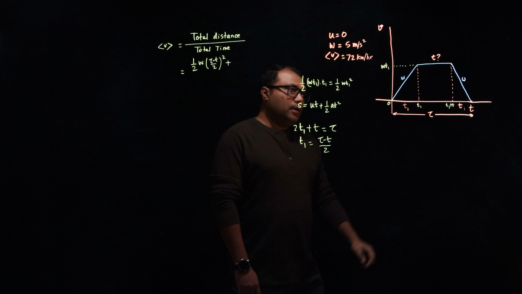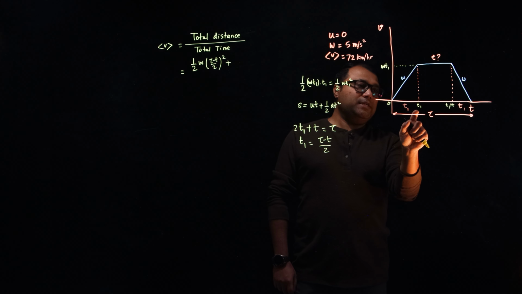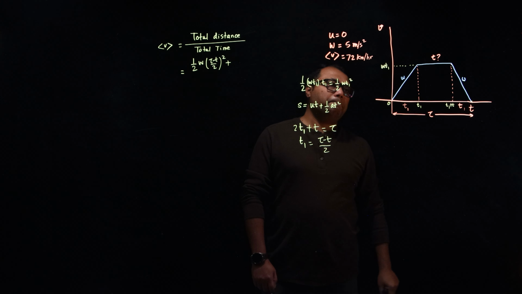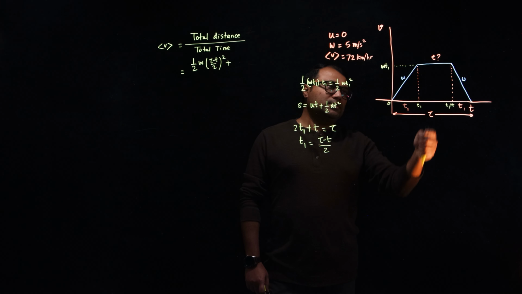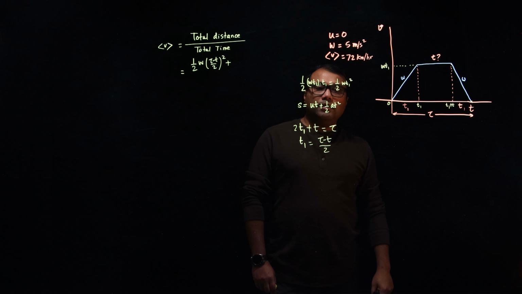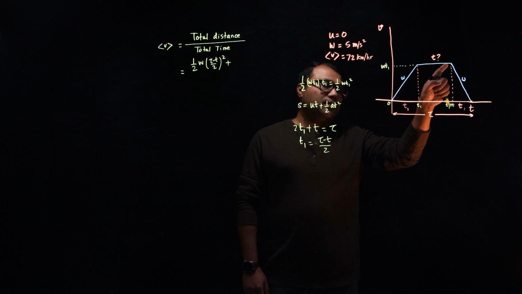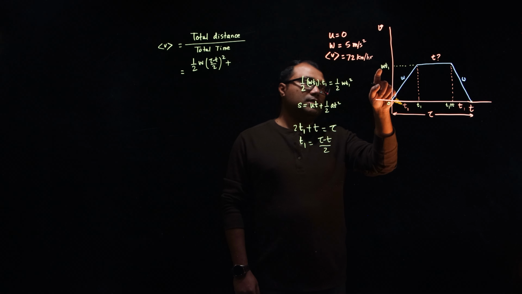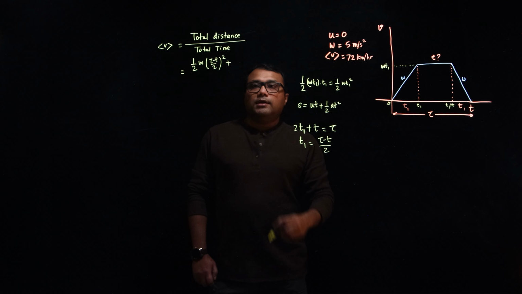Now let's find out the distance covered in this interval from t1 to t1 plus t, because this time is t. Looking at this graph, it's again the area of this rectangle here. Or you could have also looked at this equation. In this part of the journey, acceleration is 0, so it is u times t, which is wt1 times t. Let's write that down.